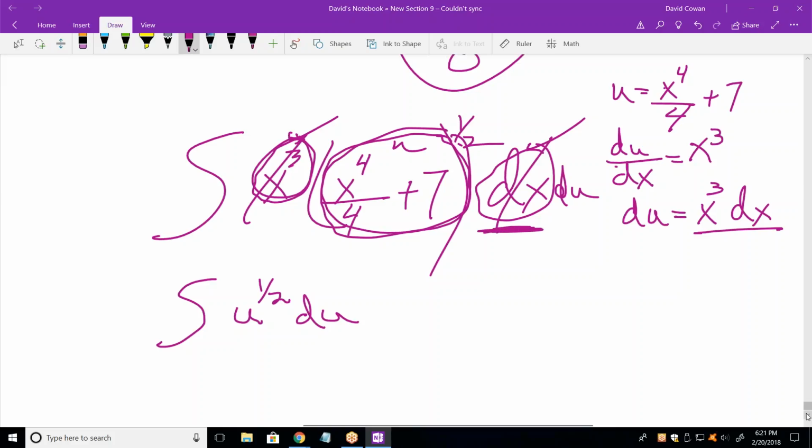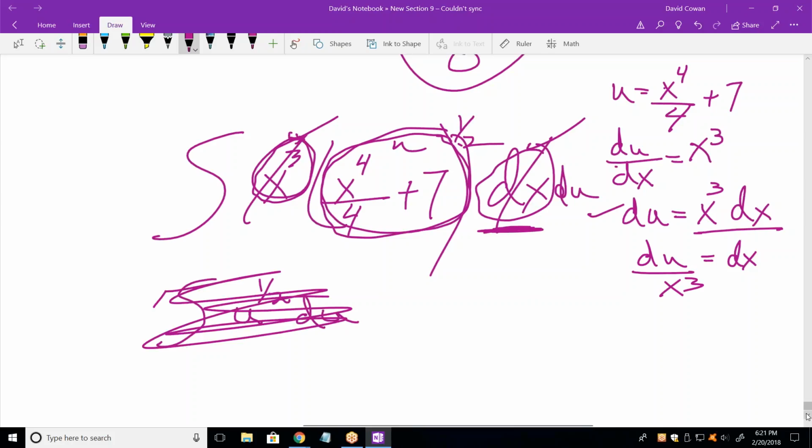And now, if I had gone one step further here, I would have said, okay, that makes dx equal du divided by x to the third. And now I'm going to rewrite this thing as x to the third, u to the 1/2, and then dx, I'm going to substitute du divided by x to the third.